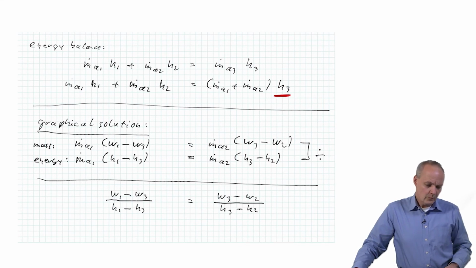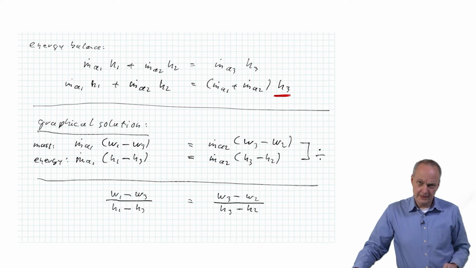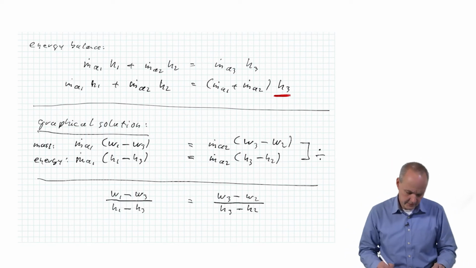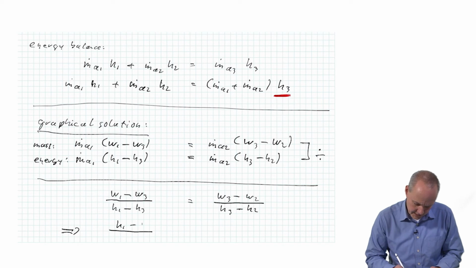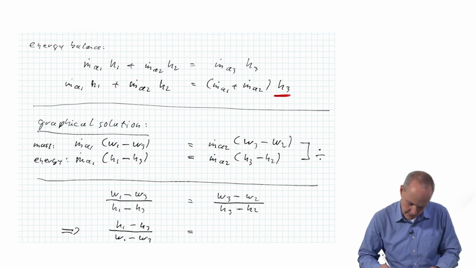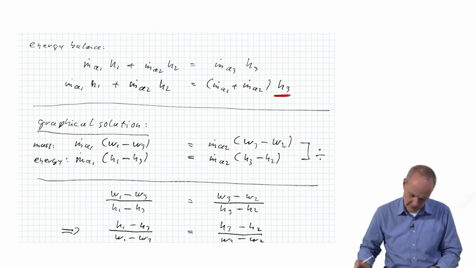Very good. So what do we get from that? I want to flip this around. You don't mind if I just flip it around. So H1 minus H3 over W1 minus W3 is equal to H3 minus H2 over W3 minus W2, okay?